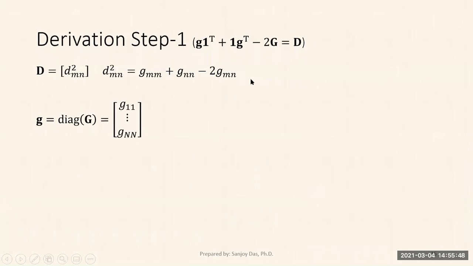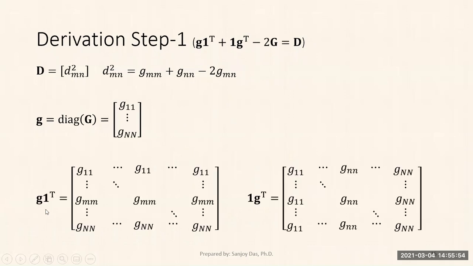First step of my derivation will be to prove this. So this is my G. G1 transpose, where 1 is a vector of all ones, will be equal to: the first row will be all G11, right? The first element of this G is repeated n times.